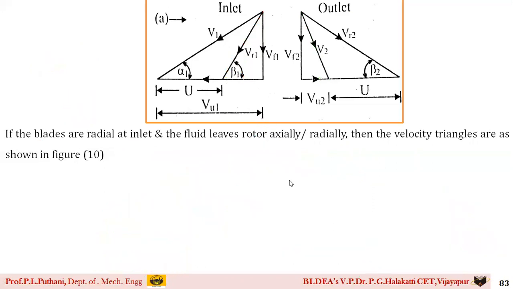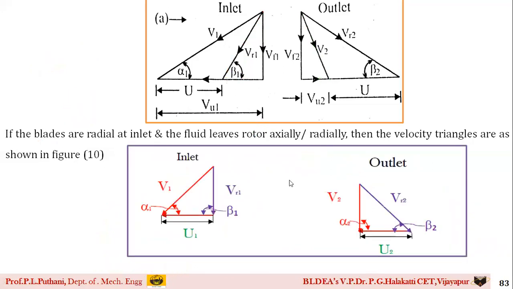Now let us see. This is the sketch as I told you. If the blades are radial at inlet and the fluid leaves the rotor axially, these are very, very important conditions when you are solving the problem.